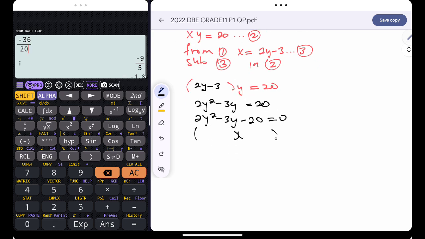I must obviously find the factors here. I'll have 2 and 1, 5 and 4, that's 8, that's 5 minus 3. So these are my brackets. I'll have 2y and 5 here, y and 4.